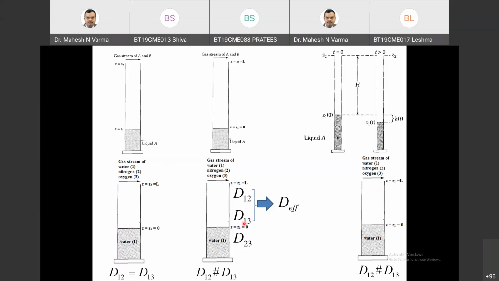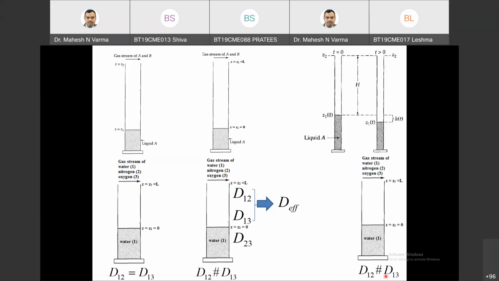First of all, we can get an effective diffusivity using the diffusivity of water in nitrogen and of water in oxygen, and use the effective diffusivity instead. Then this problem can be approximated by the earlier problems, instead of using the individual diffusivities. This is what we have discussed.